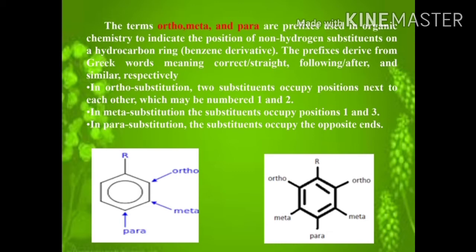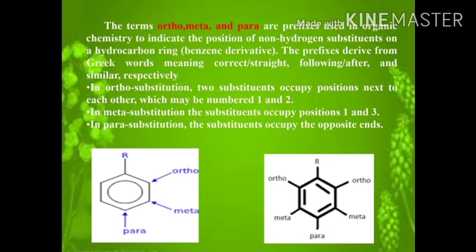In meta substitution, the substituents occupy positions 1 and 3. That means alternate carbon atoms contain the same type of elements or groups of elements. Two meta positions are possible in every benzene derivative.